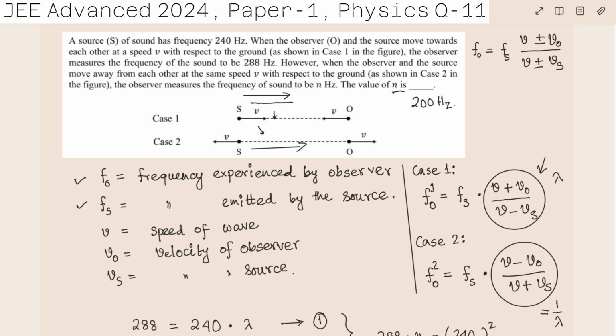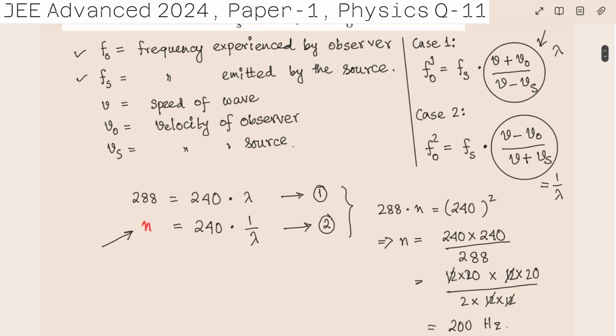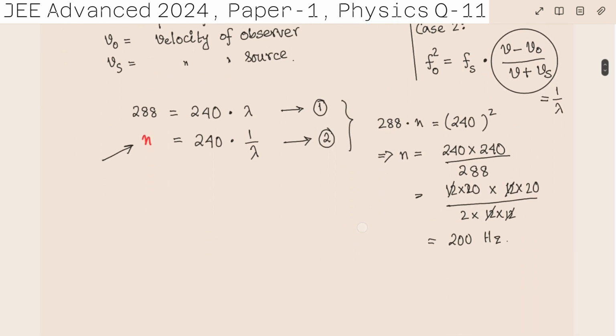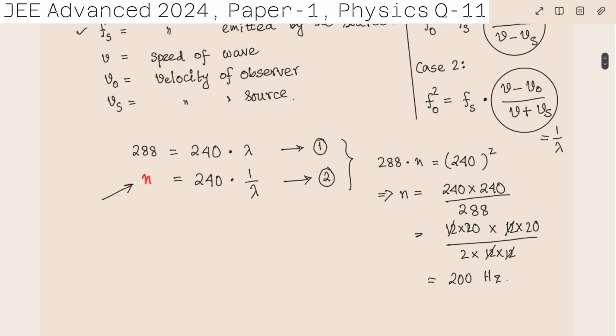Now, as usual, we try to learn what additional things we can expect from this question, and what we can learn about this phenomenon called the Doppler effect by solving this problem.